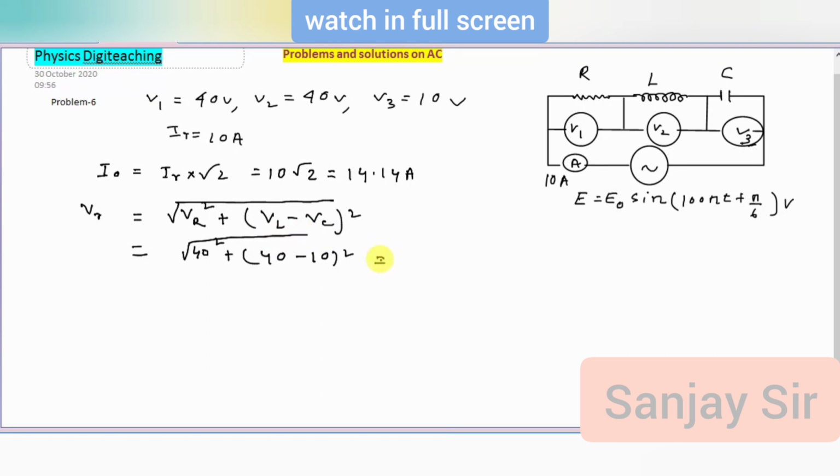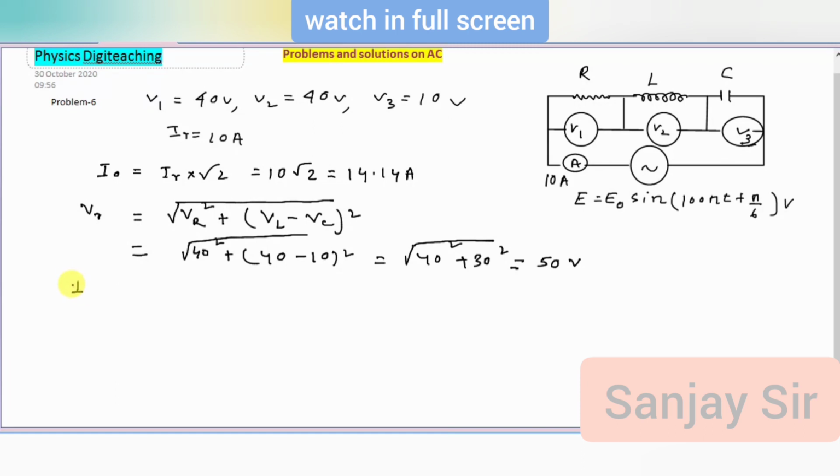Thus we get 40 square plus 30 square. From this we get 50 volt. That is total RMS voltage 50 volt.